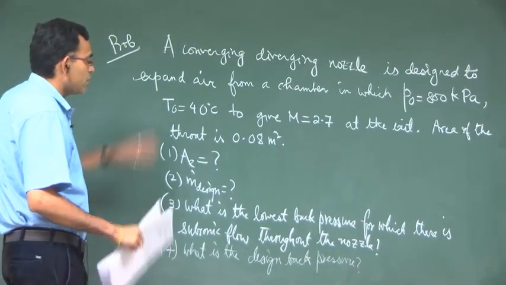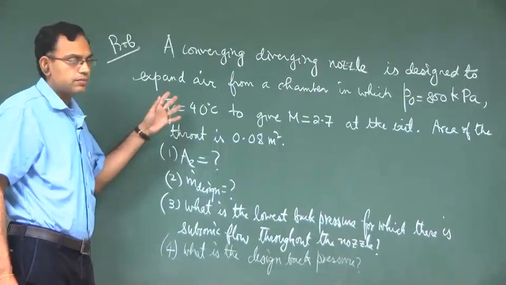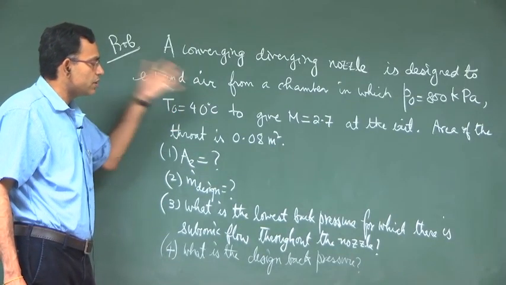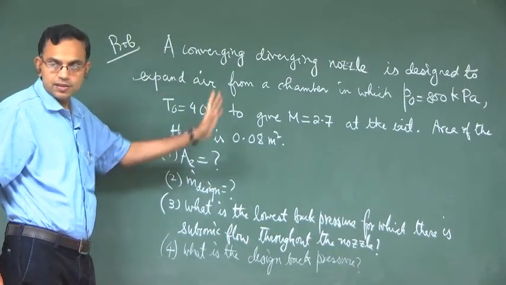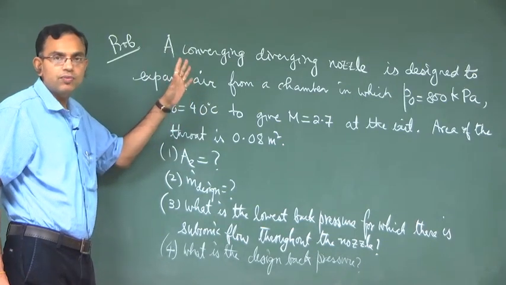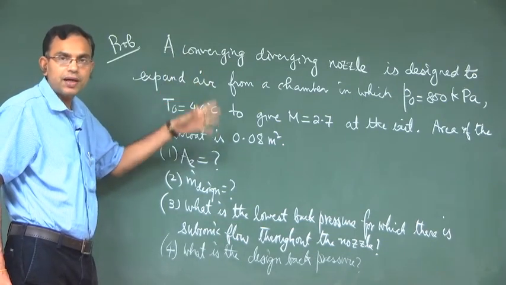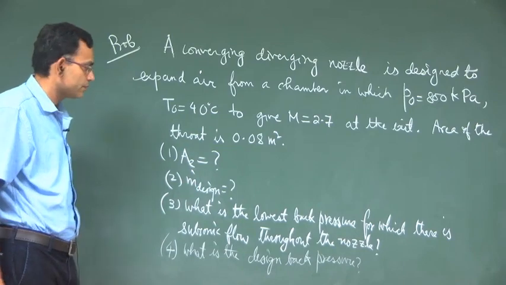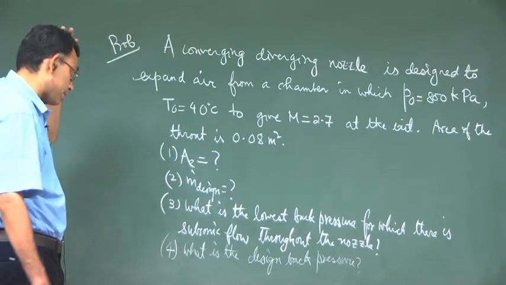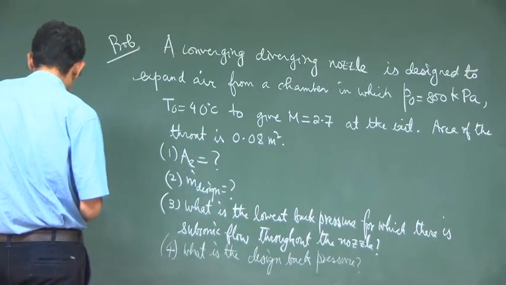So, I will write all the questions here and then because of interest of space in the board I have to erase the question part, and when we will be solving the problem we will get back into the question part one by one. What is the design back pressure? This is question number 4.